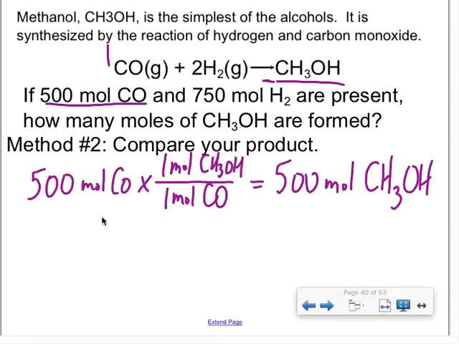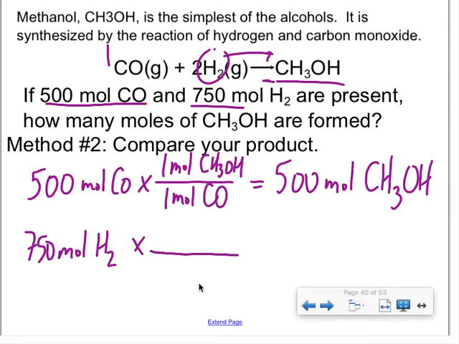Okay, so now I'm going to do another stoichiometric equation using hydrogen, and I'm going to go to methanol. So they give me 750 moles of hydrogen gas. I use the mole ratio, so there's a 2 here, so 2 moles H2 on the bottom.